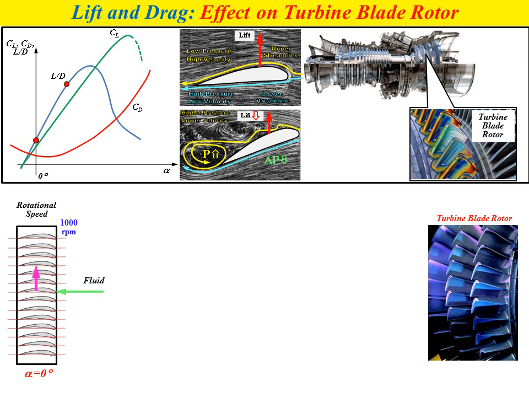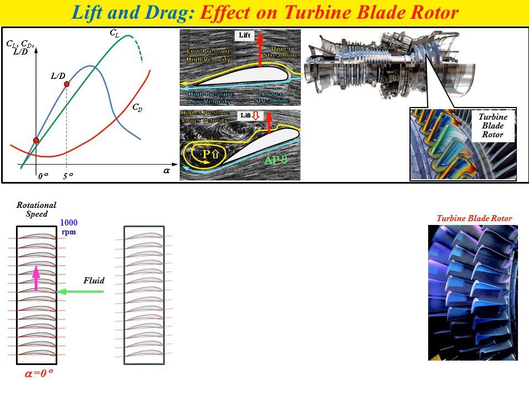Now we increase the angle of attack, alpha equal to 5 degree, and the fluid flows through the turbine rotor. We will have a higher value of L over D, so we will have a higher rotational speed, let's say at 2500 rpm.